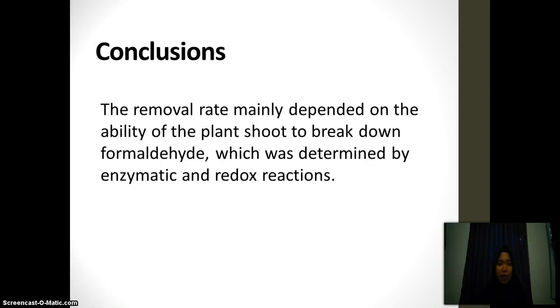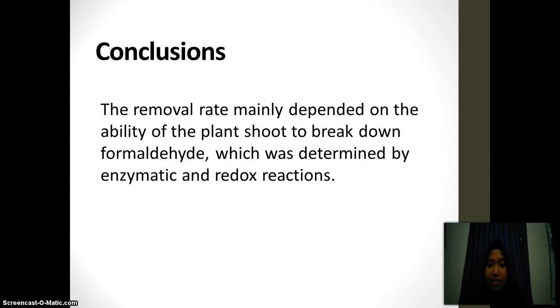So the conclusion is that the removal rate mainly depended on the ability of the plant shoot to break down formaldehyde, which was determined by enzymatic and redox reactions.